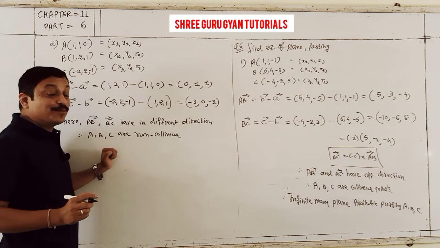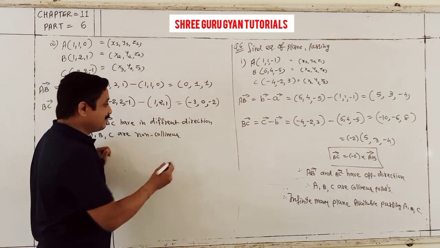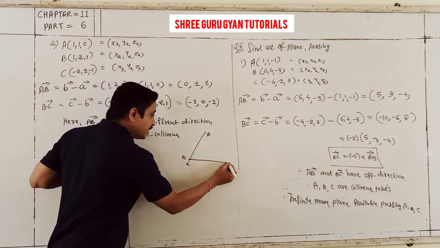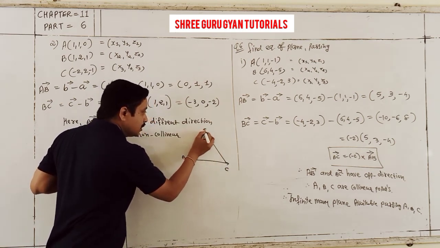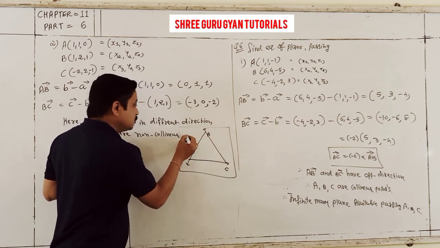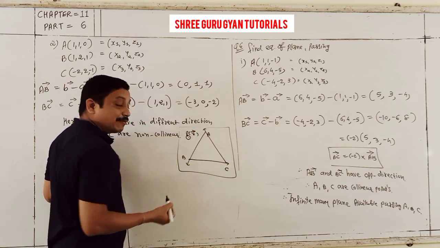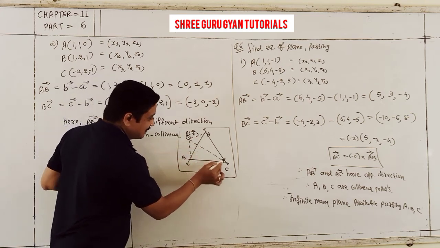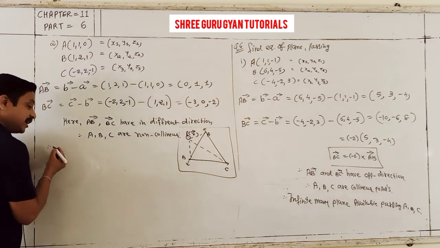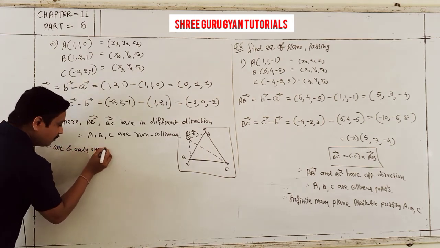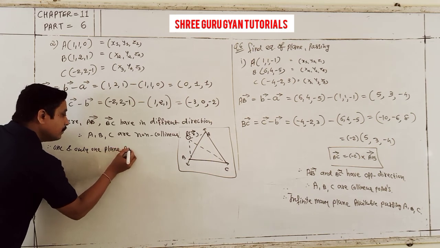It means they form one unique plane, the plane through A to B, B to C, and C to A. That plane is derived by passing through a general point R, where R is (x, y, z). So you will write down: therefore, one and only one plane passes through A, B, C.